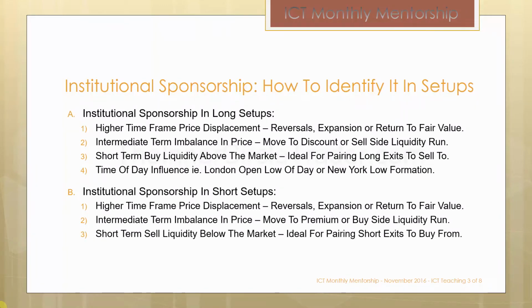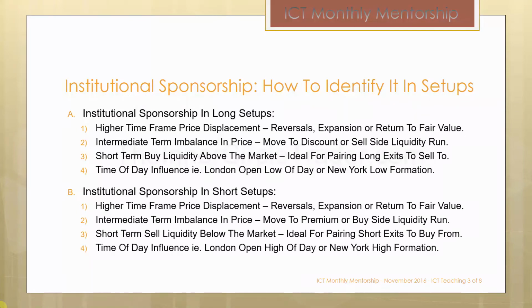And then short-term sell liquidity below the marketplace. This is going to be ideal for pairing short exits to cover. And obviously, those sell stops, we're going to be buying those from the counterparties in the marketplace. And just like we did with the long setups, we would be looking for time of day influence, i.e. London Open high of day or New York high formation.